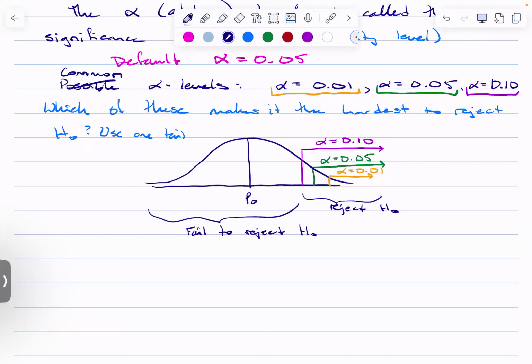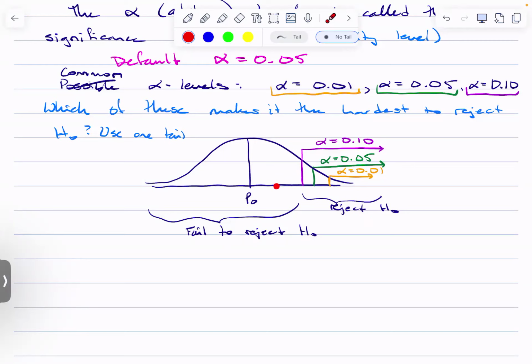When we say we fail to reject H naught, we're not saying that H naught is true. We're just saying I couldn't find any evidence against it. That's why it's important to use that terminology of fail to reject H naught, whereas here we have enough evidence to reject H naught.